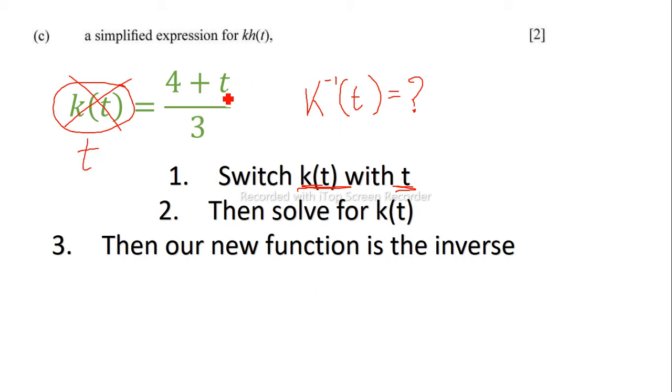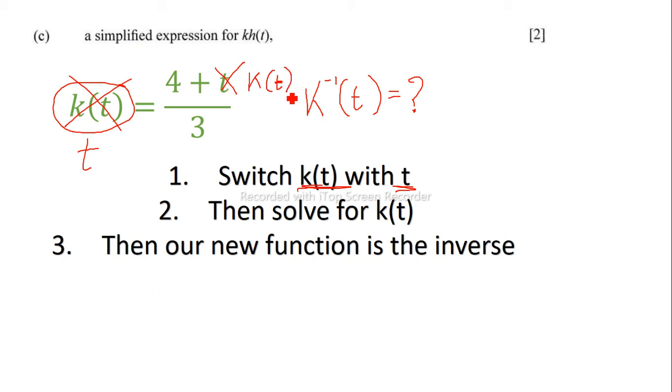And notice that here we have T, so instead of writing T, we're going to write K of T. So that's the first thing we have to do: switch K of T with T.